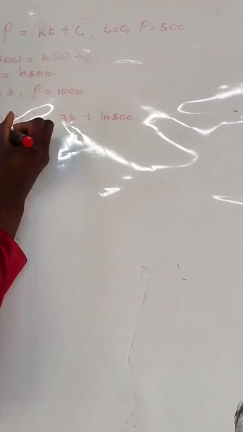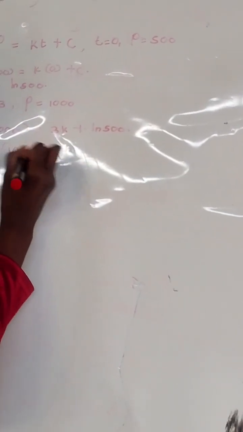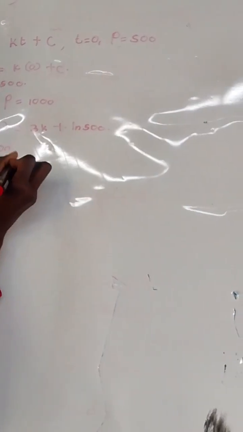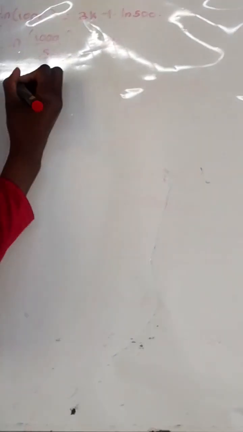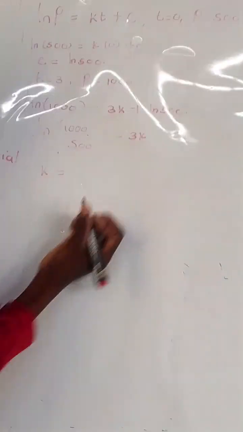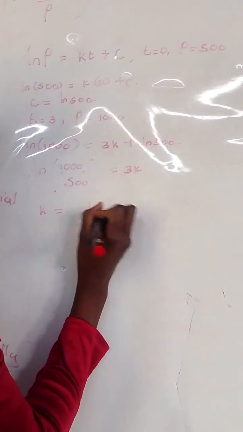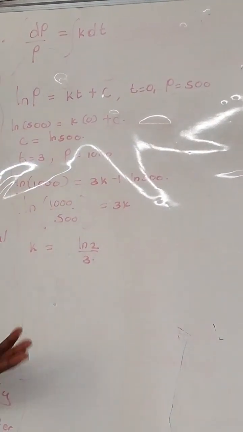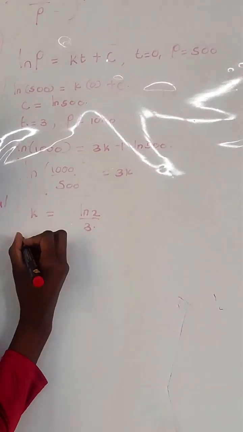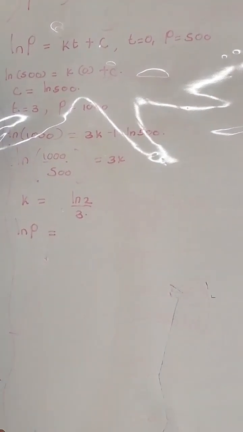We get ln of 1,000 over 500 equaling 3k. We get our k equaling ln 2 over 3.